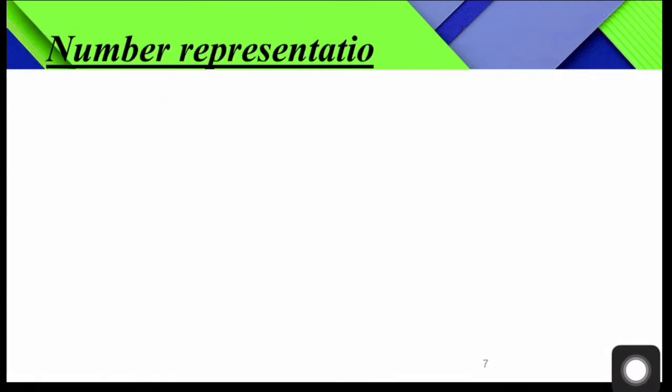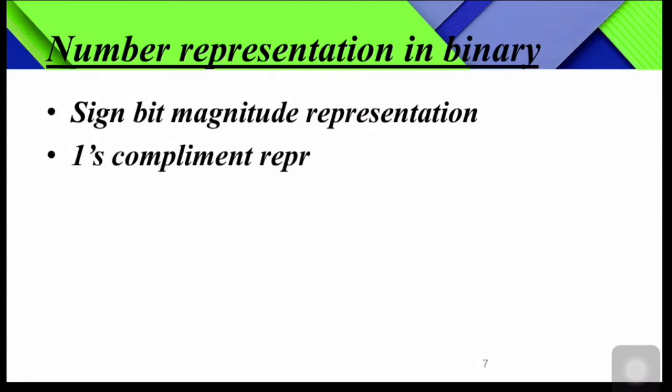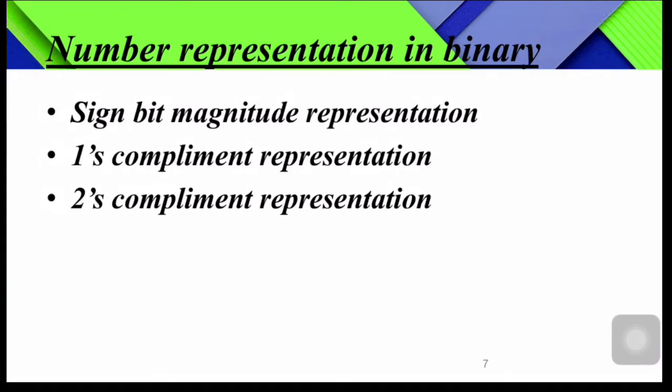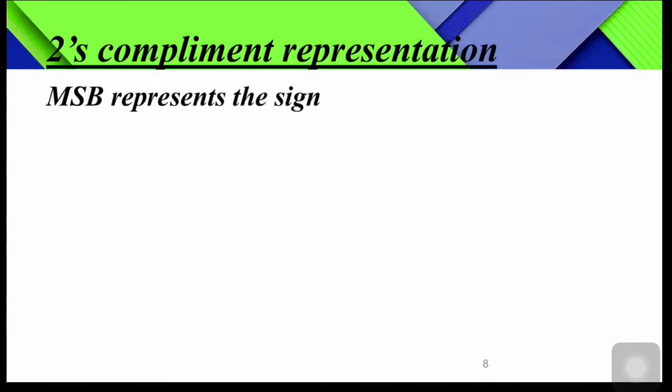Moving on to number representation in binary. Basically, we have 3 types of representations. They are sign bit magnitude representation, 1's complement representation, and 2's complement representation. Here we are going to focus on 2's complement representation since it is related to our question. In 2's complement representation, the MSB or most significant bit represents the sign of a number.